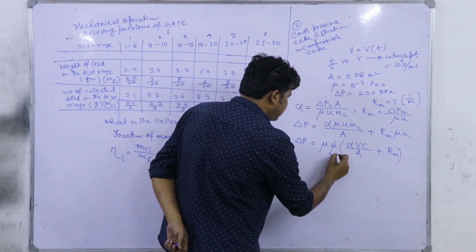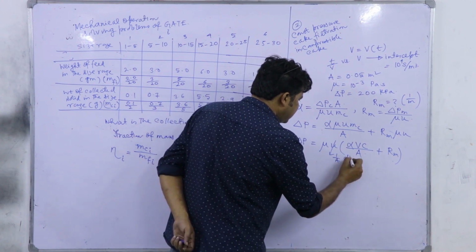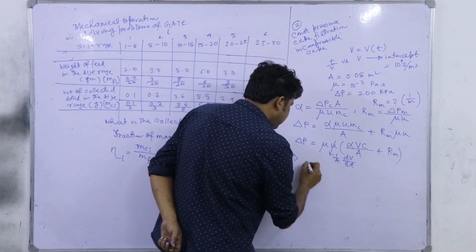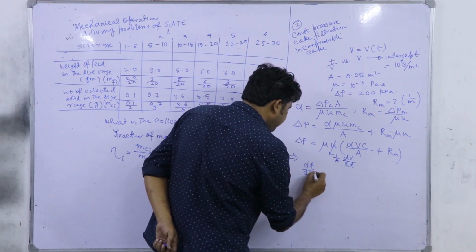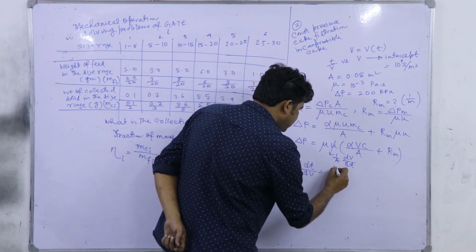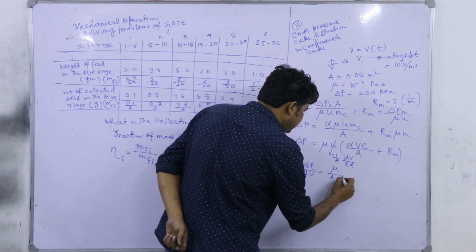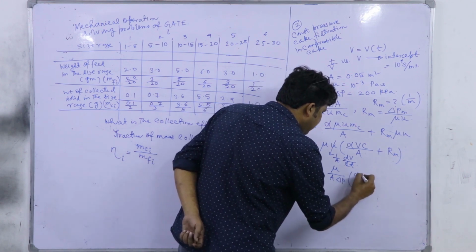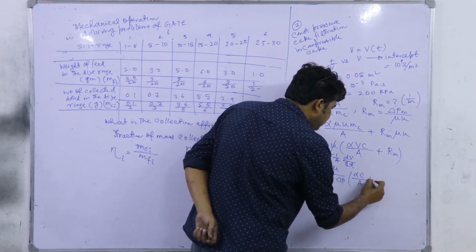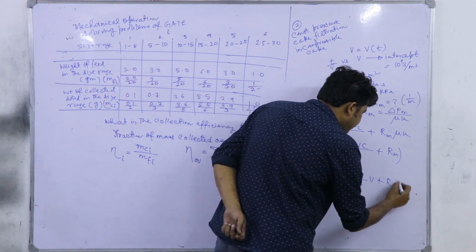So, u is basically 1 by A dV by dt. So, dt by dV is equal to mu divided by A into delta P, times alpha C by A into V plus Rm.